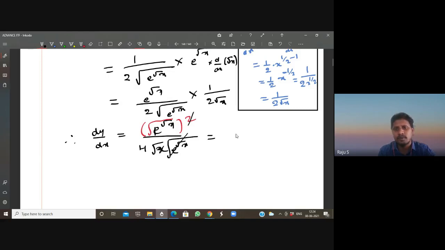Finally, we are going to get square root of e to the power of x by root x. That is, we can write 1 by 4 times of x. We can write it many ways. If we write up to here, that is also correct. Or else, after simplifying, we are going to get 1 by 4 times of square root of e to the power of root x by x. That's it. This is the answer.